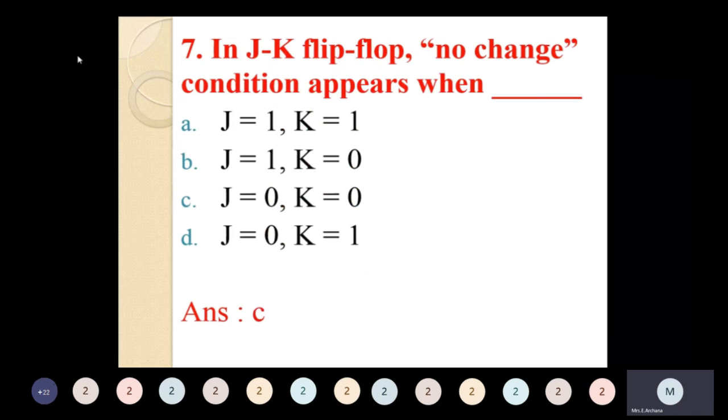The no change condition occurs when J value is equal to 0, K value is equal to 0.